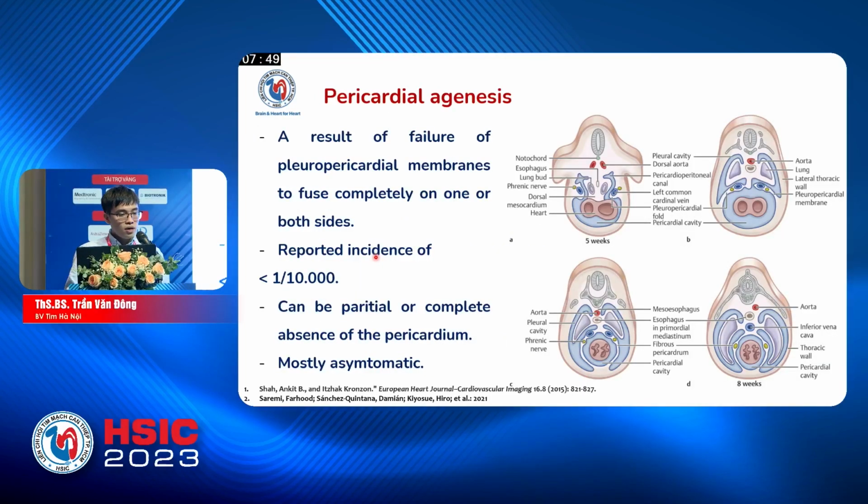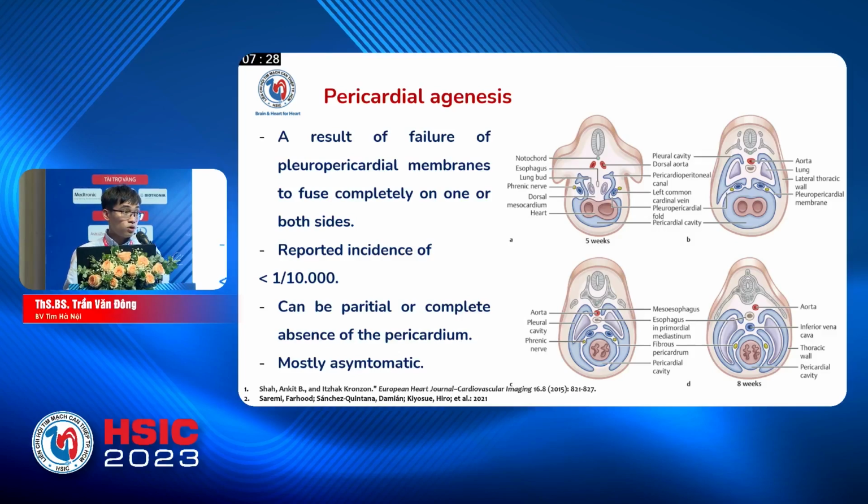And so we found that pericardial agenesis is a result of failure of the pleuropericardial membrane to fuse completely on one or both sides, with a reported incidence of less than 1 per 10,000.